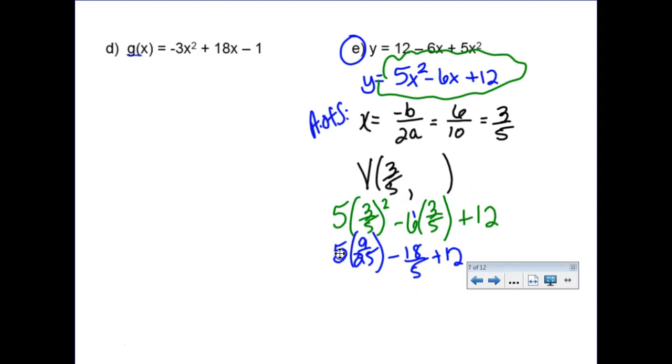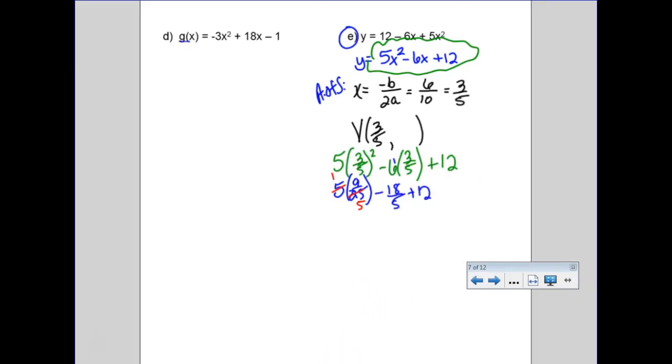Remember cross-canceling? The 5 and the 25 can cross-cancel to a 1/5. So this fraction is really a 9/5 minus 18/5 plus, I'm not going to call 12 12 anymore, because when I add fractions I need common denominators. So that would be 60/5.